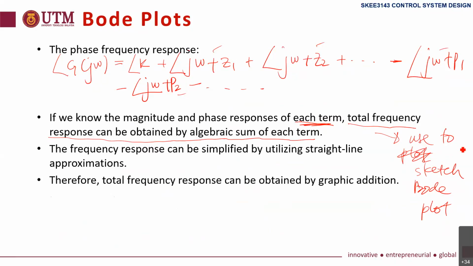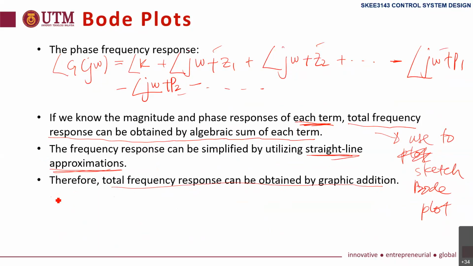Finally, we add together. The total response can be obtained by graphic addition. We can add one by one. And in the Bode plot, we will use what we call straight line approximation.